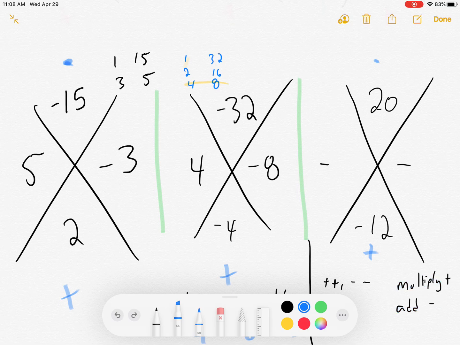So what numbers add to negative 12 and multiply to 20? Well, let's start by listing out numbers that multiply to 20: 1 and 20, 4 and 5, 10 and 2. And remember, we decided that both of these have to be negative, so I'm going to put a negative in front of all of these.